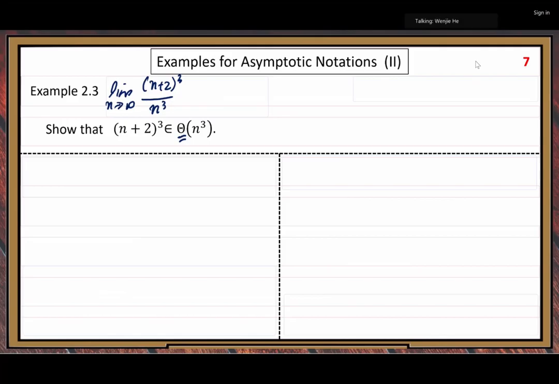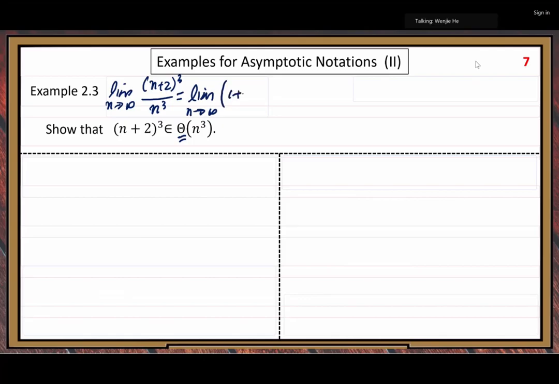For a question like this, we have some special transformation way to make it easier to calculate the limit. Usually we can write it in this way. So let me write.